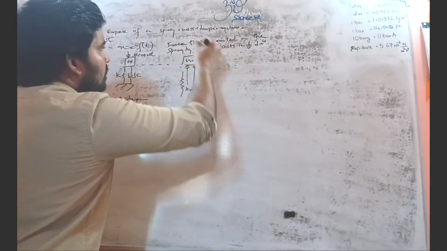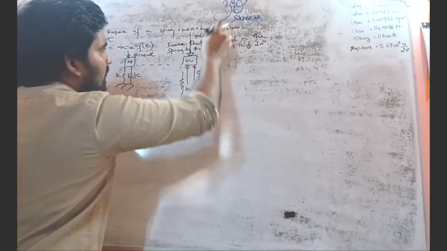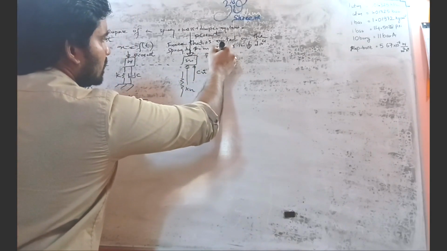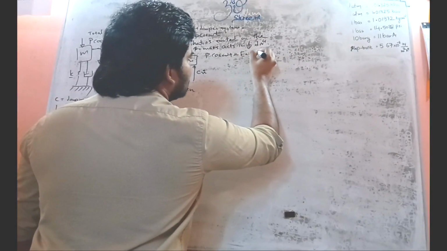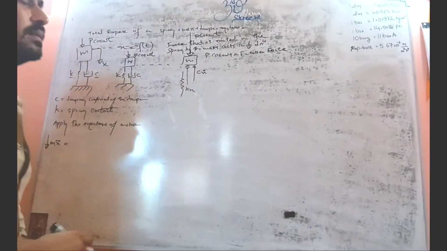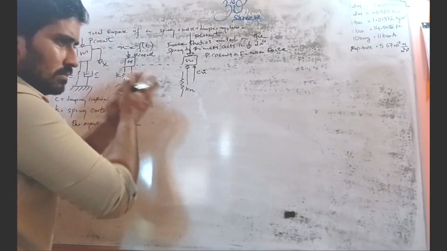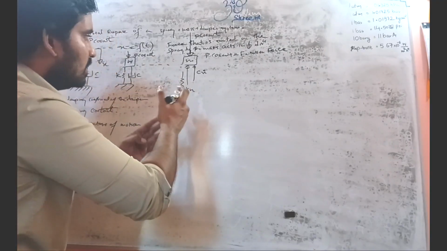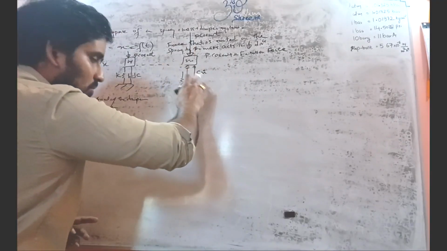And from here we have P cos omega t, which is the excitation force. Carefully take these theories. The excitation force acts downwards, and because the mass is pressing both the spring and the damper, the reaction of the mass is in the upward direction due to the spring as well as the damper.